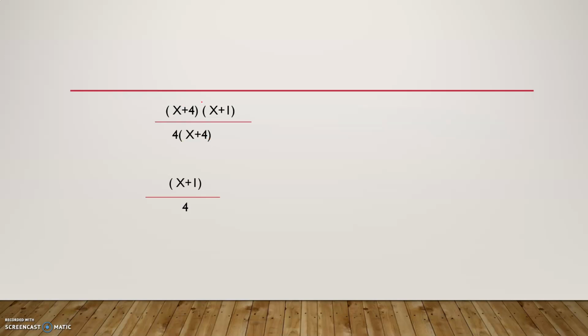Now we can cancel this (x + 4) with this one. So at the top we have (x + 1), and at the bottom we have 4. So this is the simplest form of this fraction, and this is our answer.